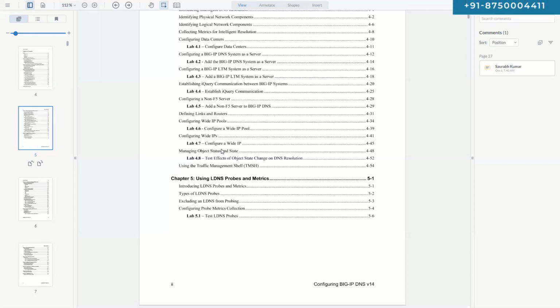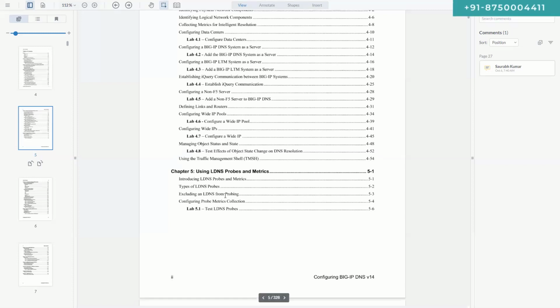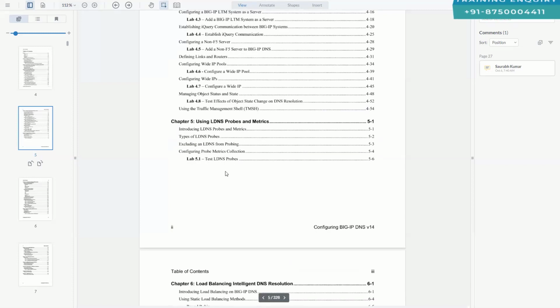So some of the load balancing algorithms would need you to configure some LDNS probes and metrics so that the BIG-IP DNS can collect all the needed resources to perform said load balancing algorithm. Because sometimes you would want your BIG-IP to perform load balancing based on the least time, I would say, right?